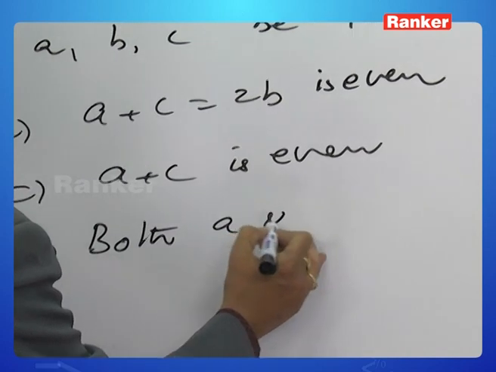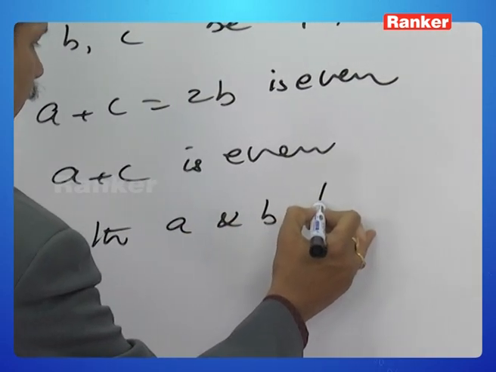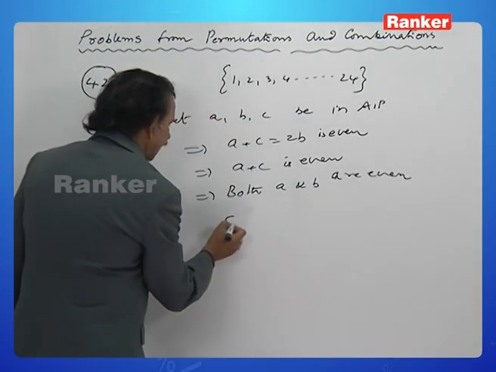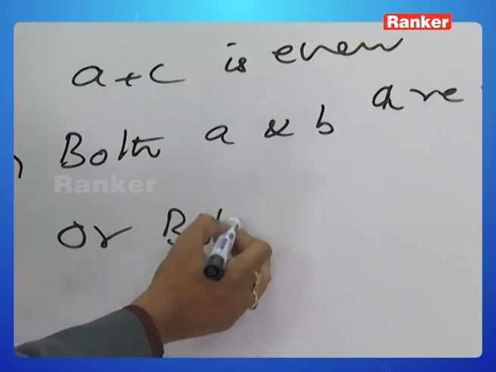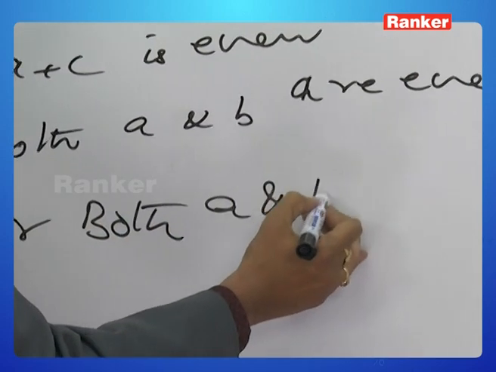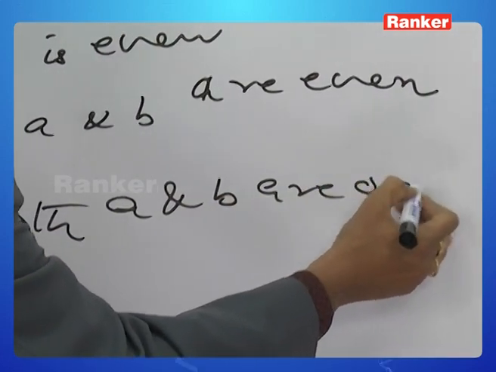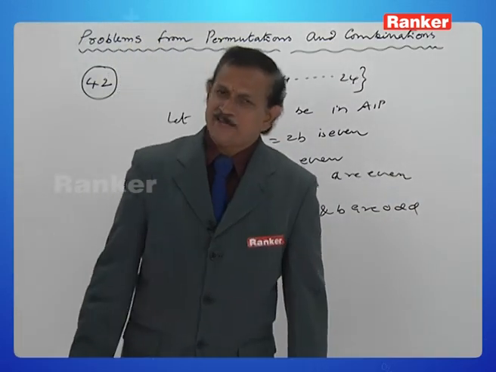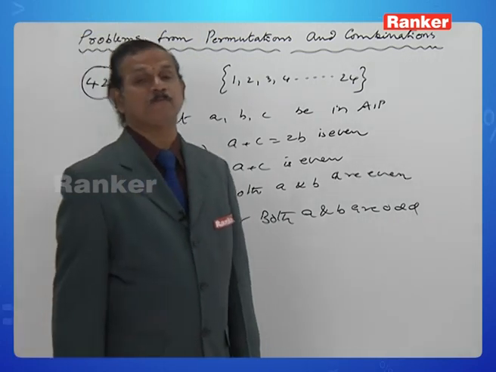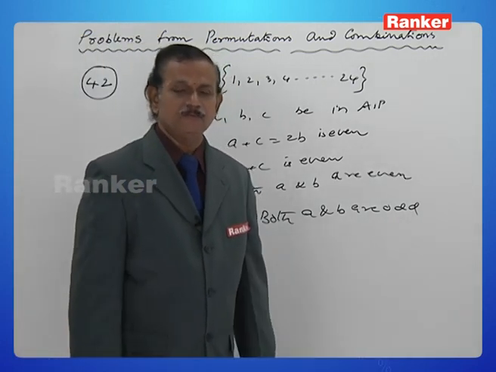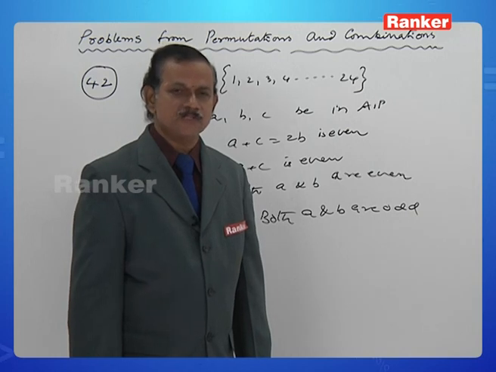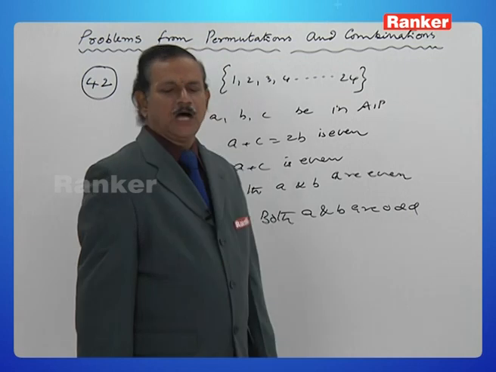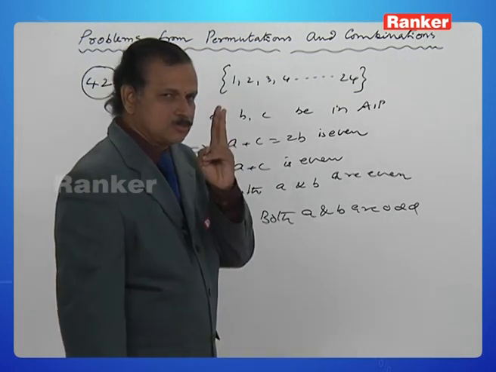How can we choose them? From 1 to 24, how many even numbers are possible? 2, 4, 6, 8, 10, 12, 14, 16, 18, 20, 22 and 24. They are 12 in number. Out of those 12, you are supposed to choose 2.